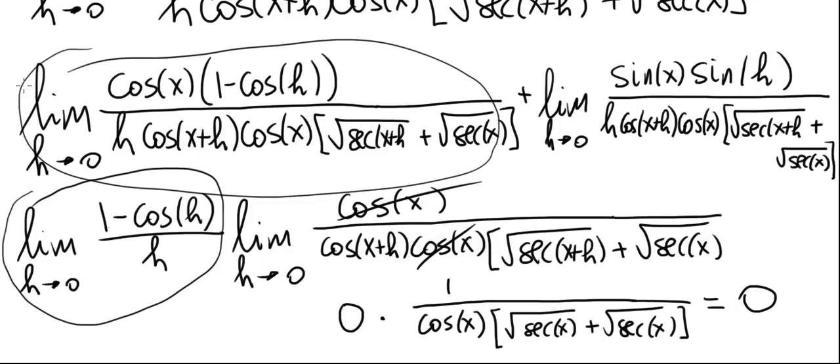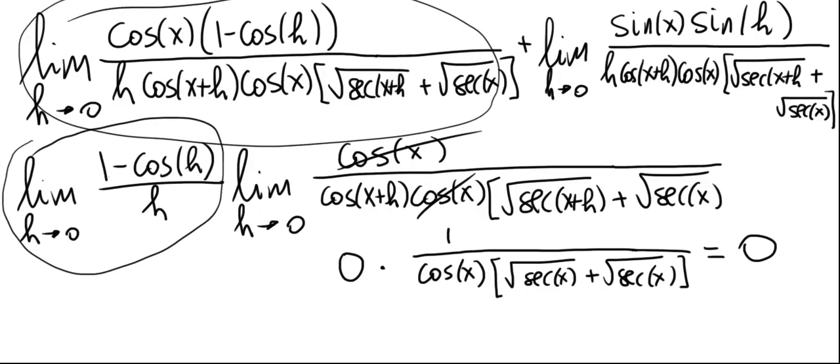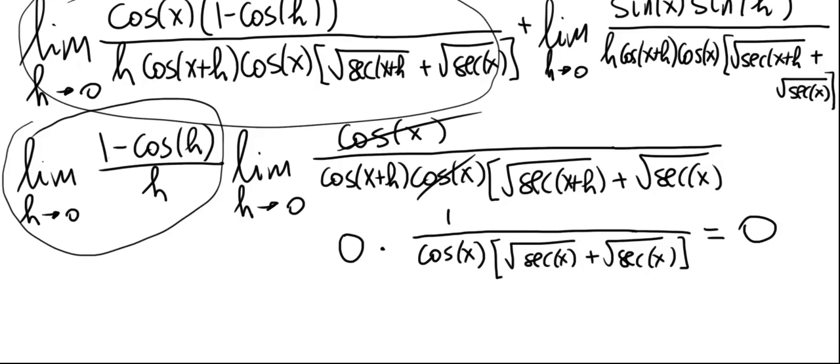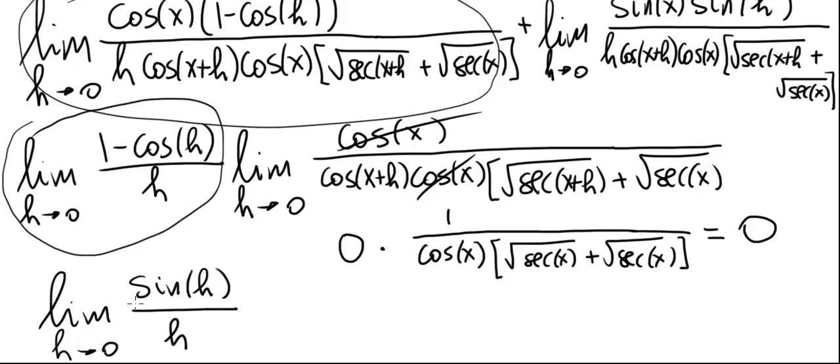So all we have to do now is worry about the second limit, which we can also write as a product of two limits. The first of these limits will be the limit as h goes to 0 of sine of h over h. That's result 3, and this limit goes to 1.